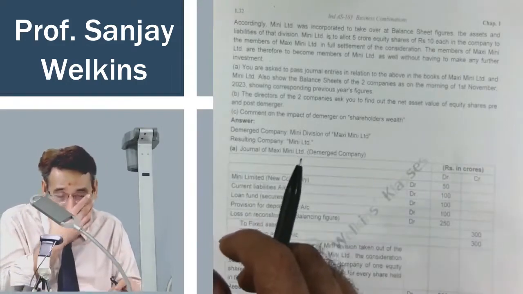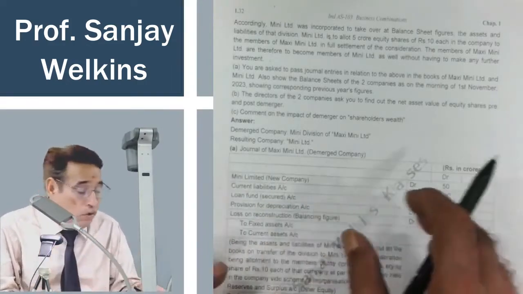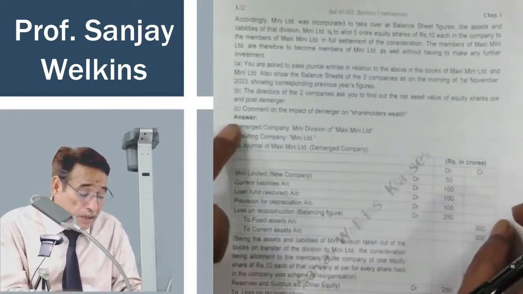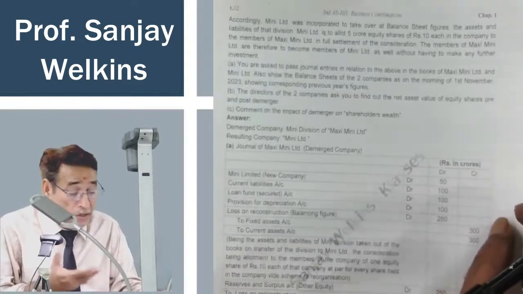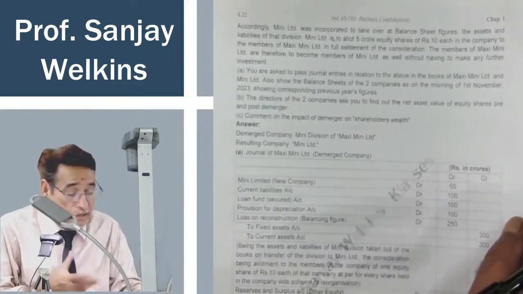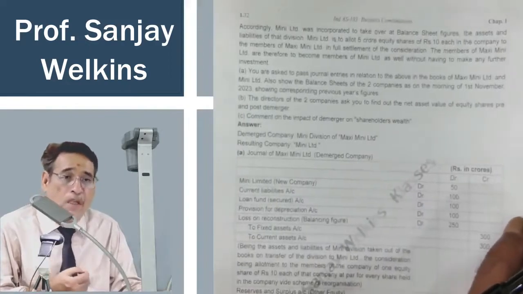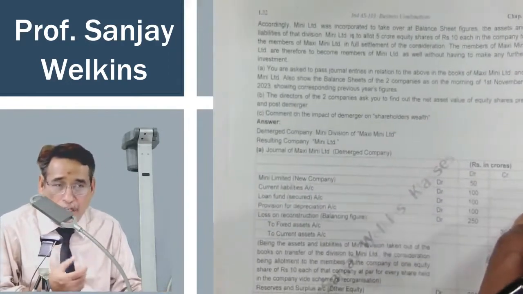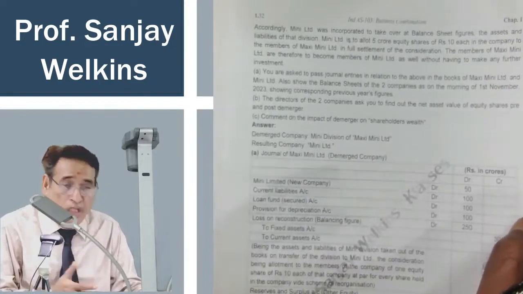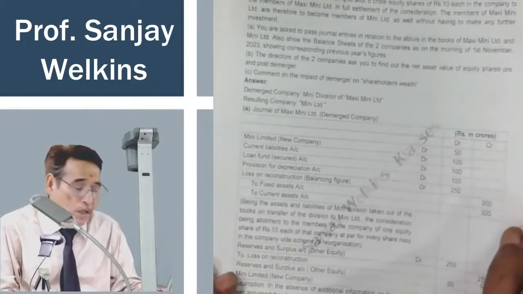So directors of the company are interested in knowing the value of equity share before and after. And the last question states that comment on the impact of demerger on shareholders' wealth. So due to this demerger, whether shareholders really have some advantage or disadvantage, we want to know that. So these are the two extra things asked in this question. Is it clear to you or not?